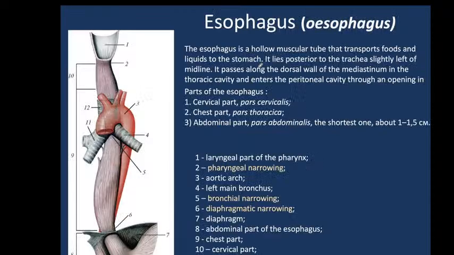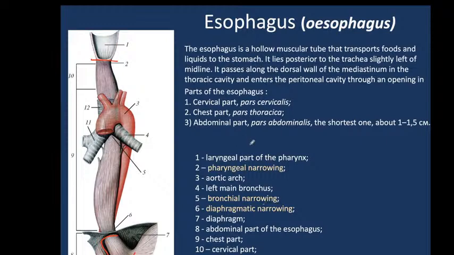Next organ is the esophagus, and it is a hollow tube that transports food from the pharynx, here is the pharynx, to the stomach. And it is located in three parts: in the neck, in the chest, and in the abdominal cavity.